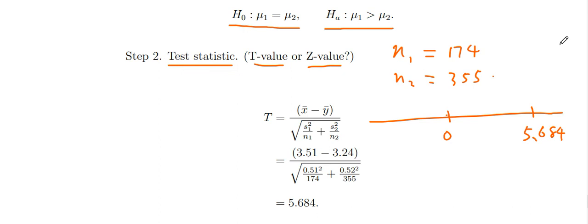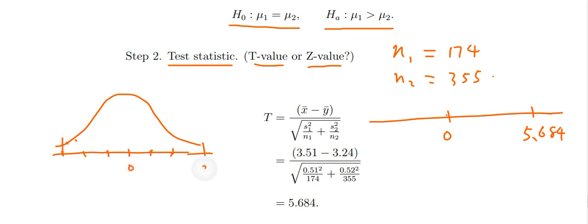For the standard normal distribution, we say above 3 is a big number, because we have the rule: 1 sigma 68%, 2 sigma 95%, 3 sigma 99.7%. Outside of 3 is only about 0.3%, right?